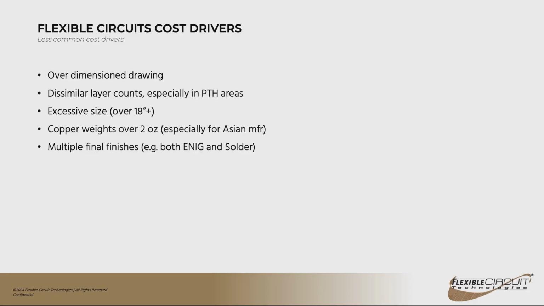the bend radius. And what we recommend in IPC 2223 is for single and double-sided circuits, 10-to-1, and for multi-layer circuits, 20-to-1. And those are just guidelines, and they're not hard set rules. If you find that you are at those ratios or greater, you're probably safe.